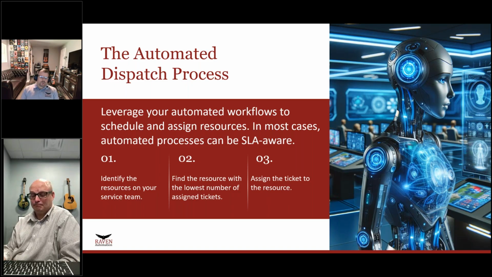Yeah, we're working with another partner right now that has an on-premise instance of ConnectWise PSA, and we've actually built a dispatch process for them, but we've also built a redispatch process so that as tickets are approaching their SLA, if they haven't been worked, there's a trigger in the database that flags that ticket for redispatch so that we can find someone else to work that ticket so it doesn't breach SLA.